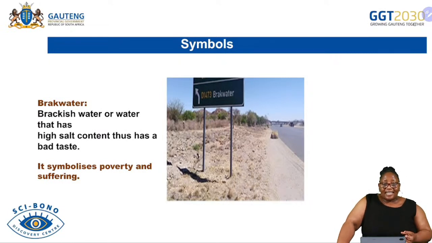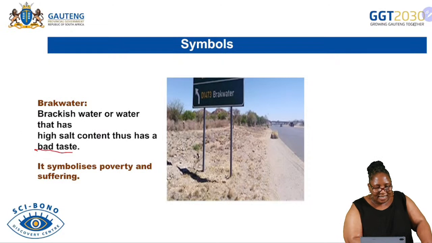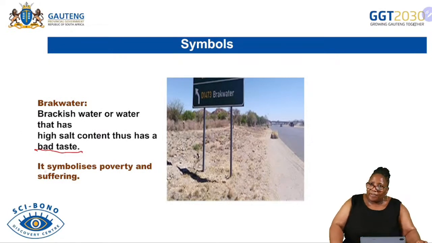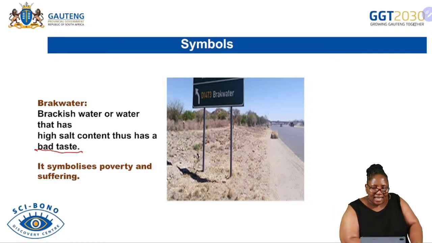And it's an Afrikaans word that means brackish water or water that has high salt content. And then as a result, it does have what? Bad taste. So it is a symbol of poverty and suffering. So the people who stay in Brakwater are mainly poor and they are also suffering.